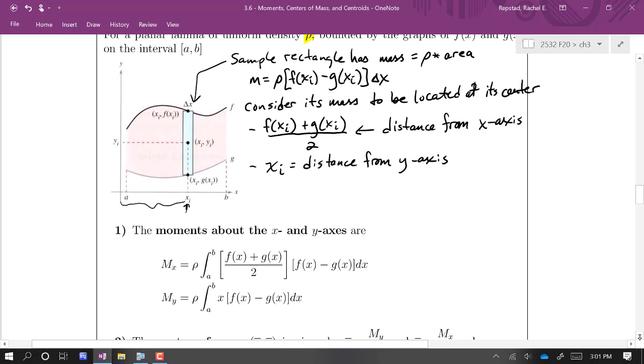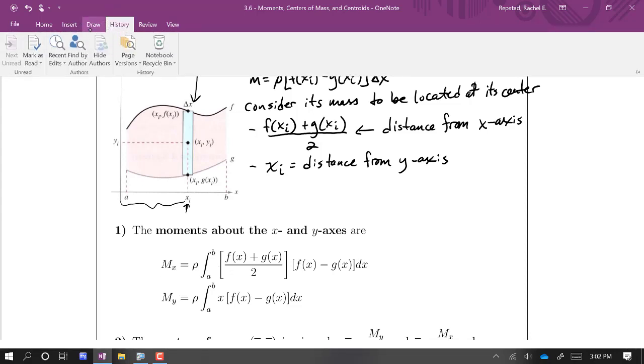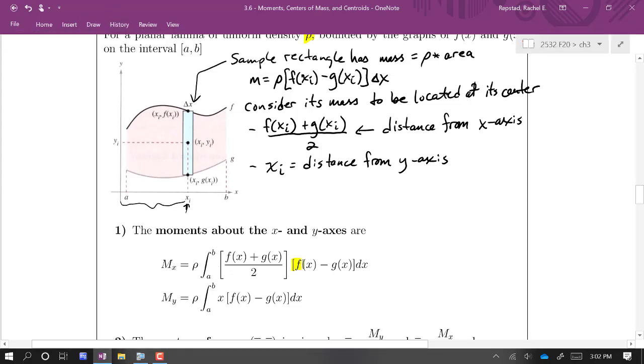So the moments about the x and y axes are given by these two integral formulas. The moment about the x-axis is given by adding up the mass times the distance from the x-axis. The mass is this part here: the density times the area gives us the mass of that rectangle.